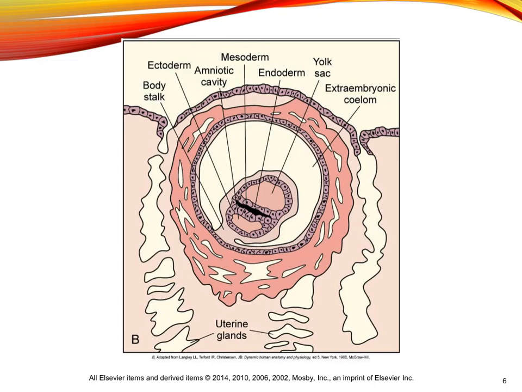In this picture, you're seeing where the blastocyst is embedded into the endometrium. So we're starting to form the different layers. One of the things that starts to develop is the chorionic villi. These are very important because when we talk about genetic testing and samples that can be taken to look at genetic disorders, they will take a sample from the chorionic villi. They develop and they are vascular.